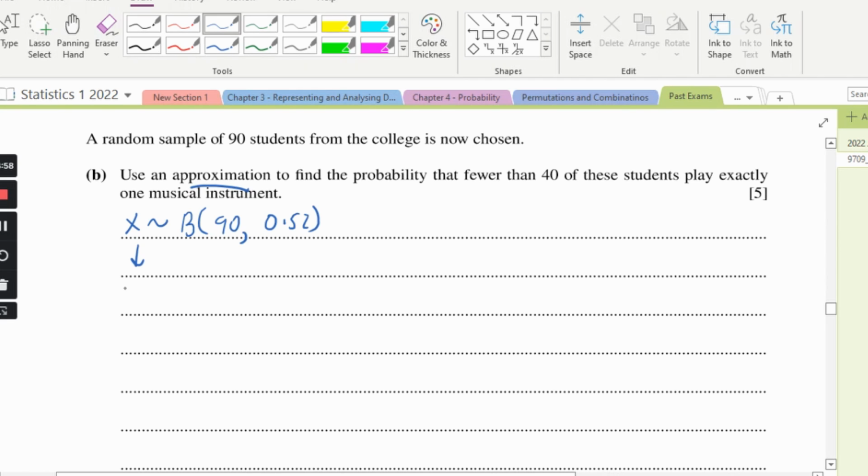So we're going to change to Y is normally distributed. And how do we get the mean? What are we going to do here? Ruth, do you remember? Yeah, 90 times 0.52 gives us 46.8. And how do we get the variance?